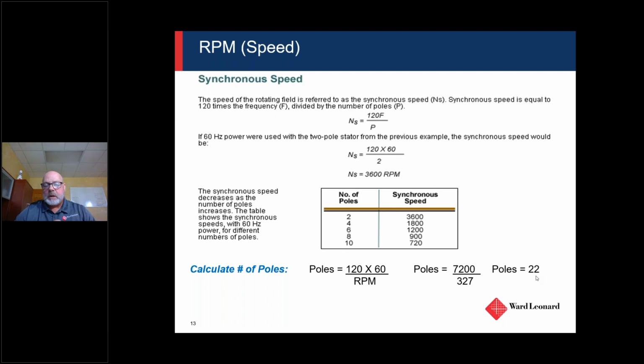And that's how you get there. The example up here is for 2 poles. If you have a 3,600 RPM motor, it's a 2-pole motor, so 120 times 60 divided by 3,600 RPM is 2. So you can do it the inverse as well, right?